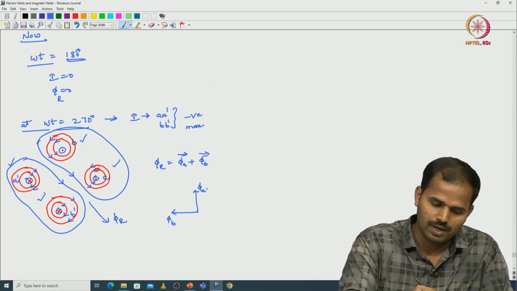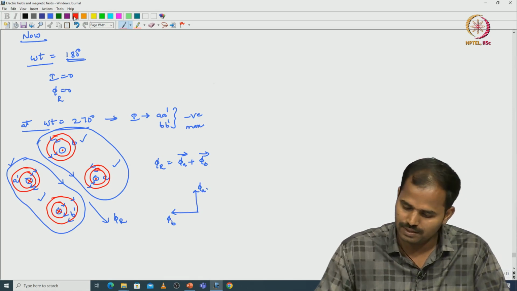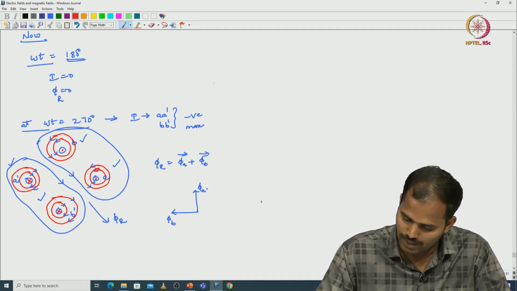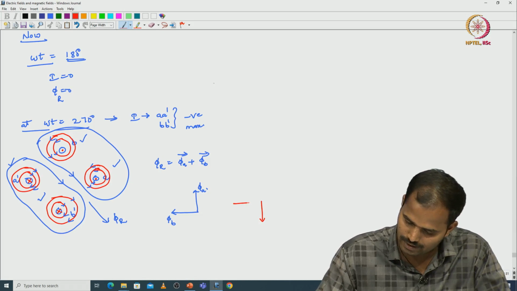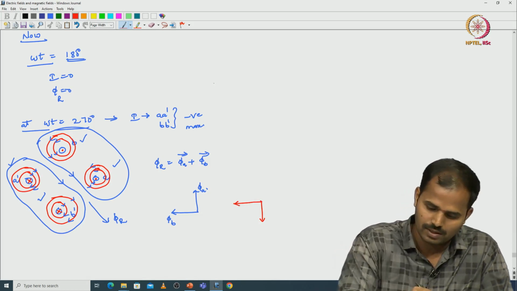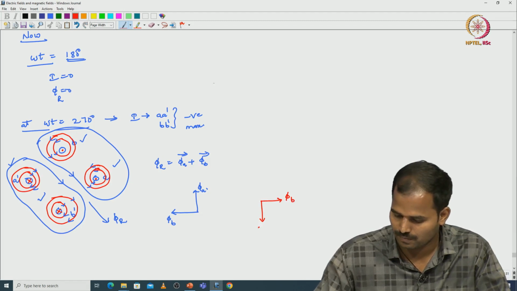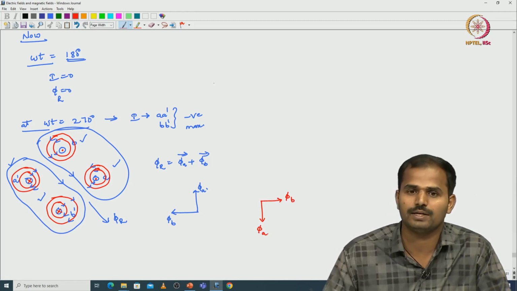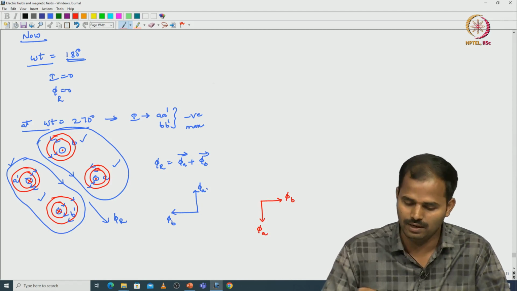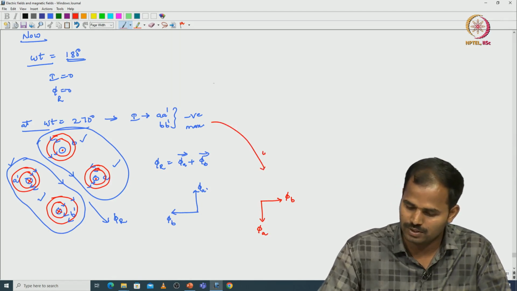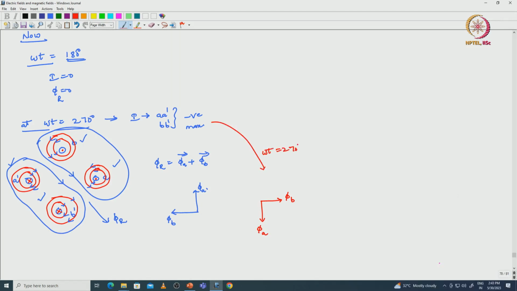But now the current is reversed, so phi a is in this direction and phi b is also changed to this direction. This is phi A and that is phi B after the current reversal at omega t equals 270 degrees. Here the resultant vector is in this manner.